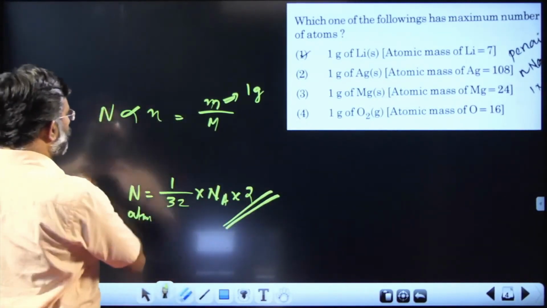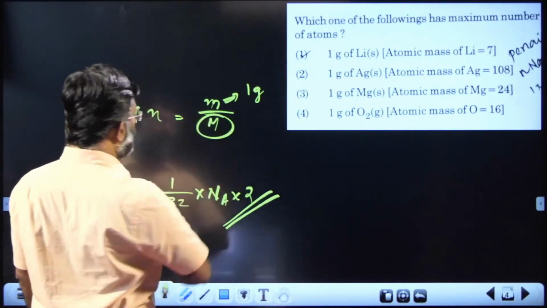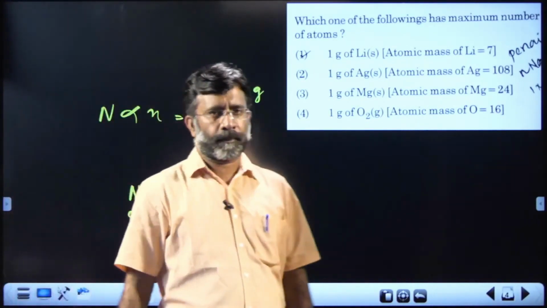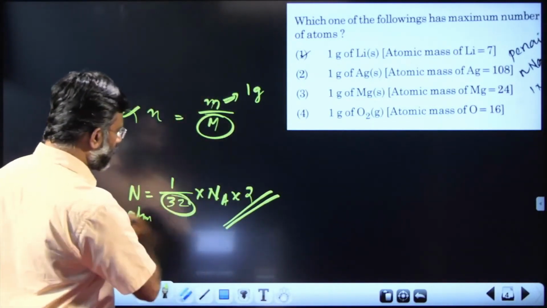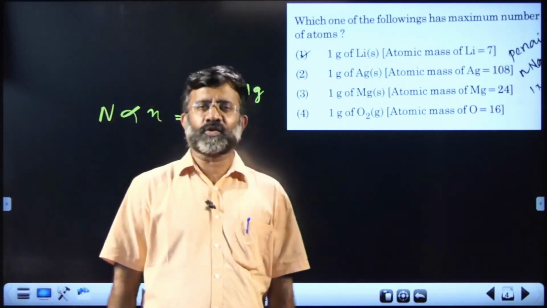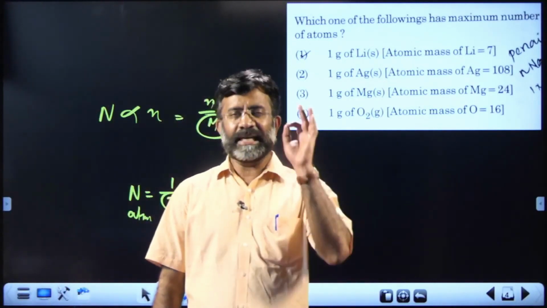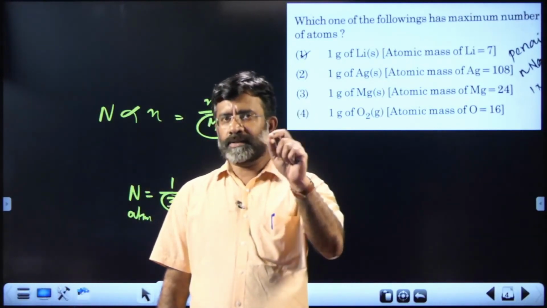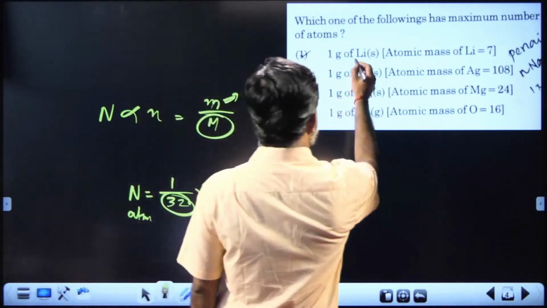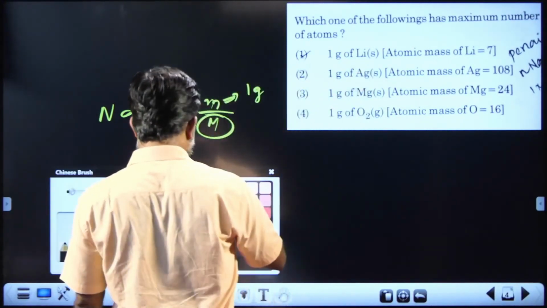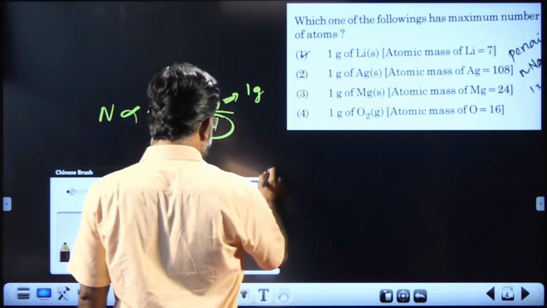See, the number of atoms will be inversely related to the molar mass. Here the molar mass of oxygen is 32, and as far as the first choice, lithium, is concerned, the atomic mass, that is the molar mass, is only 7. It is a very small value.